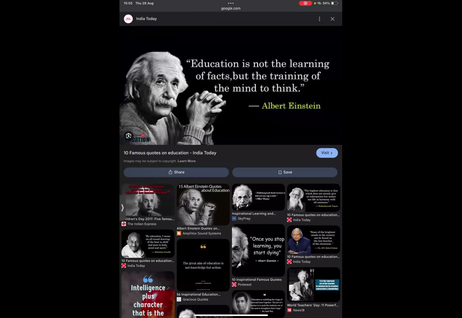Albert Einstein, right? One of the world's most famous physicists of all time. Education is not learning of facts, but training of the mind to think. Well, this is good, but it doesn't really correspond with our statement, because our statement focuses on development being the result of education. This doesn't talk about the result of education.